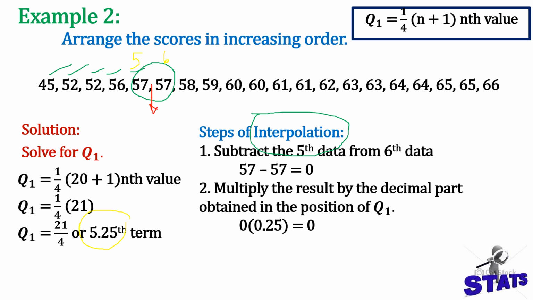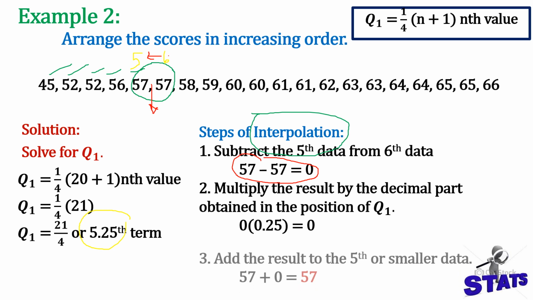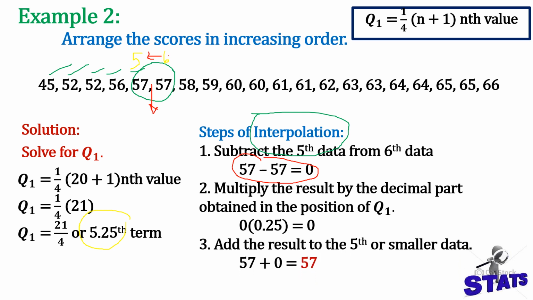So, 57, yung pang-6 minus yung pang-5, okay, minus natin class ha. Hindi kayo pwede mag-minus ng pang-5 papuntang pang-6. Magiging negative po yan. So, remember, in real life, wala pong negative 2 yung position ng bata. Wala pong ganun. So, yung pang-6 minus sa pang-5 data, that is 57 minus 57 is 0. Then, yung 0 na result, i-multiply natin sa 0.25.